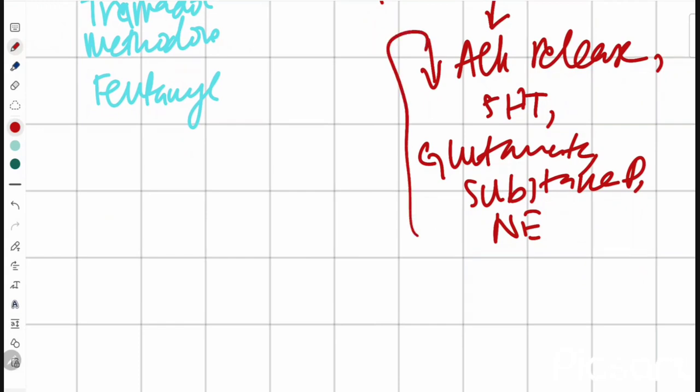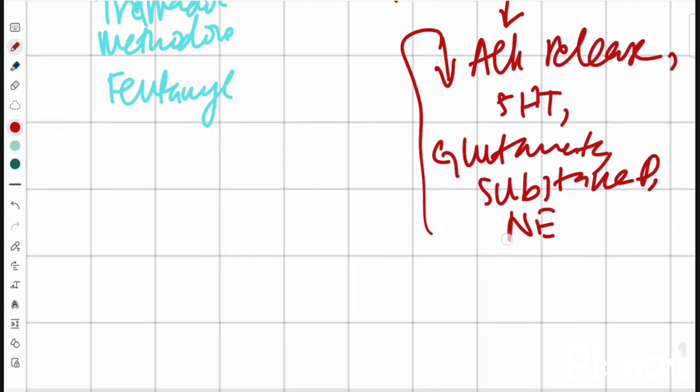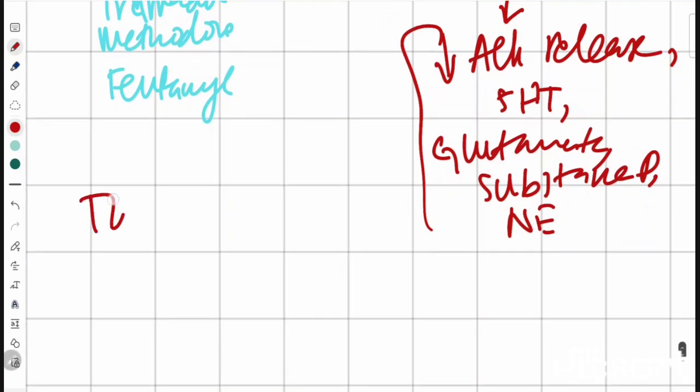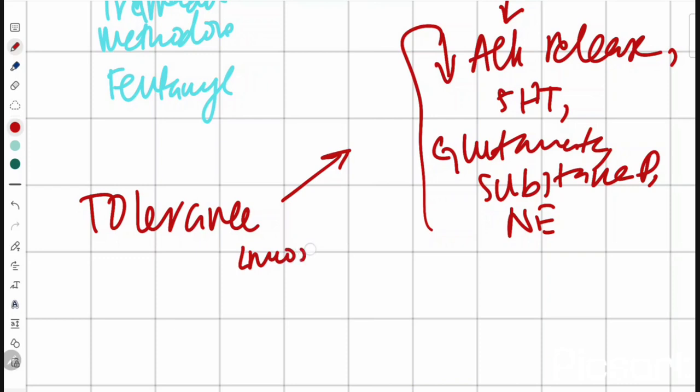That's why we use opioid analgesics when severe pain is there, especially refractory pain. And its use also is in maintenance for opioid use disorder. In that we use methadone. So here is the concept of tolerance. First, tolerance to the drug is going to develop, but not to miosis and constipation.